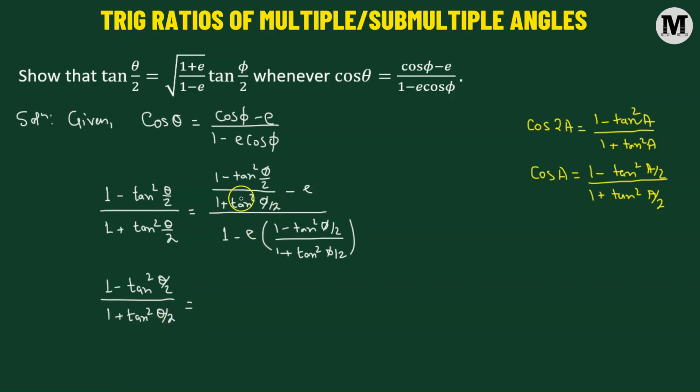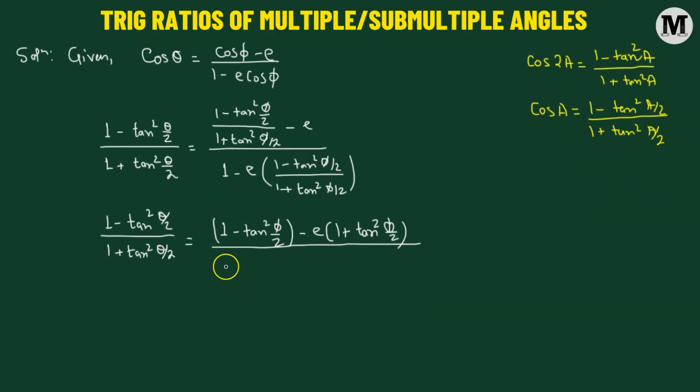What we'll do is simplify this by multiplying both numerator and denominator by 1 plus tangent squared phi over 2. So we will get 1 minus tangent squared phi over 2 in the first term, minus e times (1 plus tangent squared phi over 2), whole divided by, in the denominator, 1 plus tangent squared phi over 2 minus e multiplied by (1 minus tangent squared phi over 2).